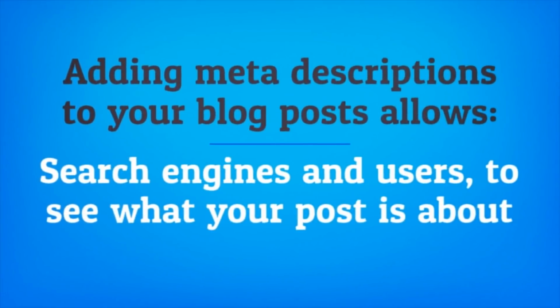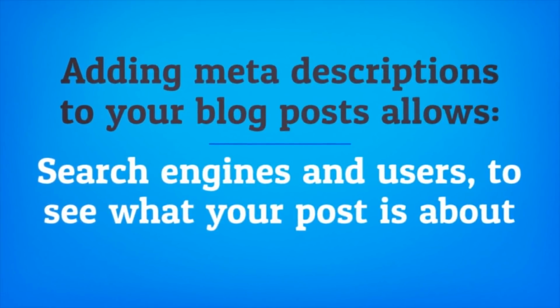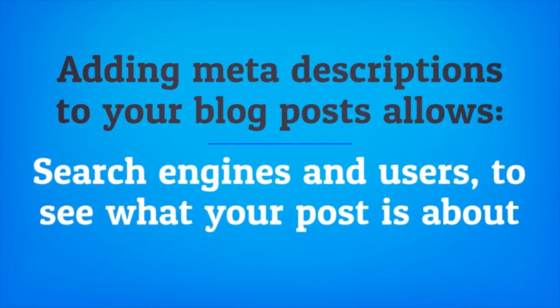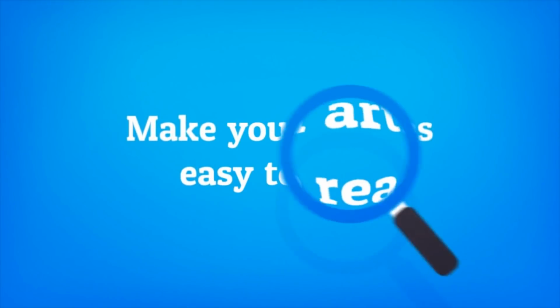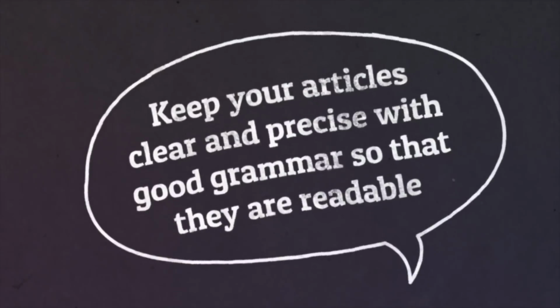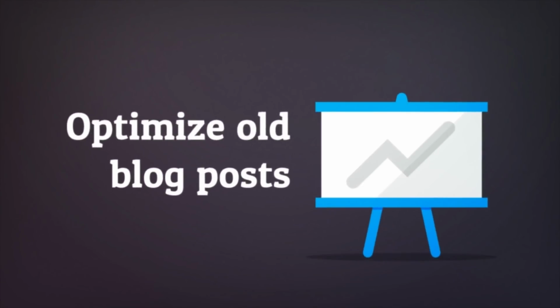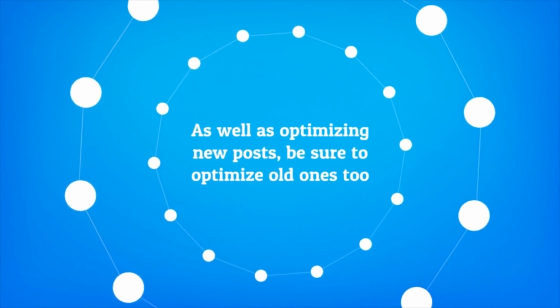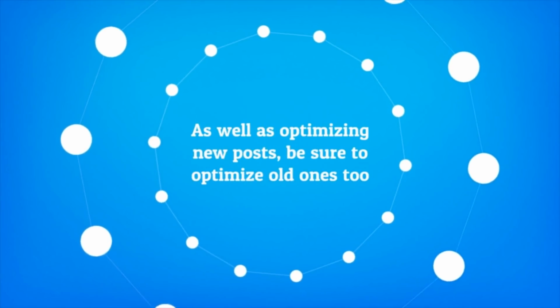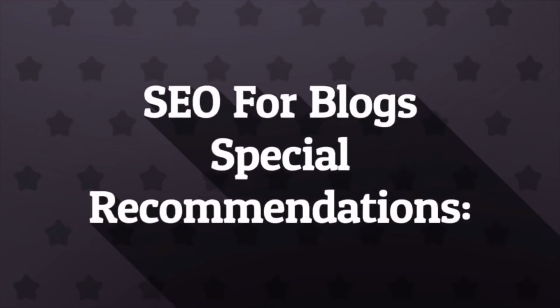Adding meta descriptions to your blog posts allows search engines and users to see what your post is about. Make your articles easy to read. Keep your articles clear and precise with good grammar so that they are readable. And of course, optimize old blog posts. As well as optimizing new posts, be sure to optimize old ones too.